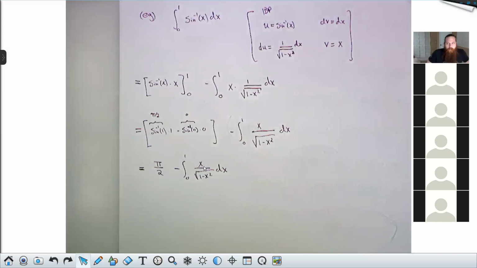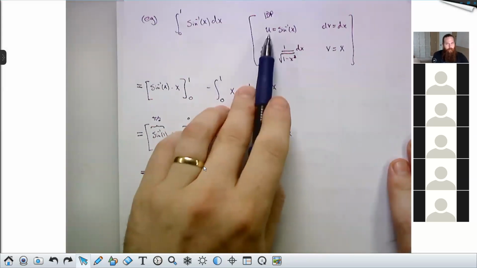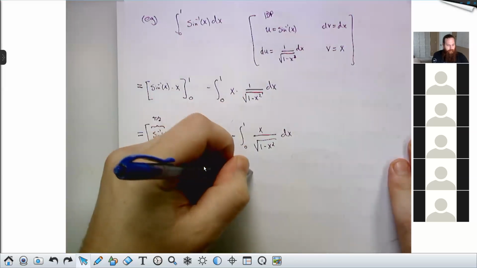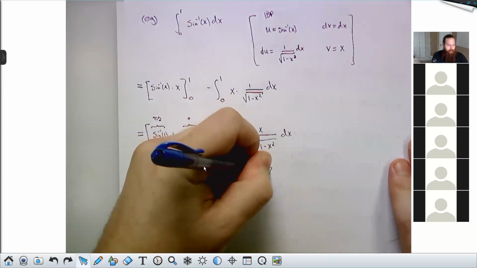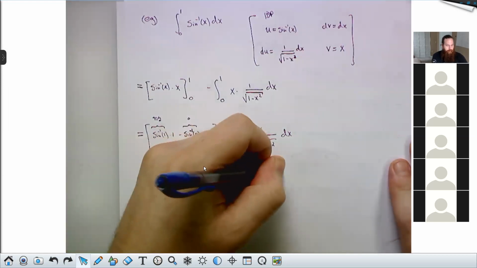You said u-sub. Yeah, now here I don't want to use the letter u in my substitution because I don't want to confuse myself with this. So I'm going to use the letter z. What do we substitute for? 1 minus x squared, right? The thing under the square root.